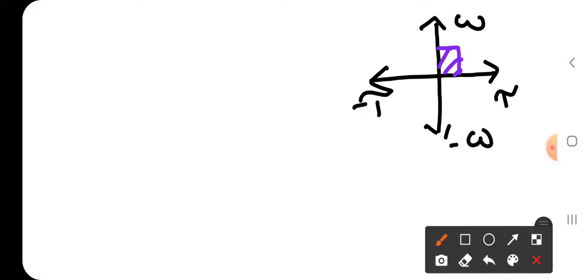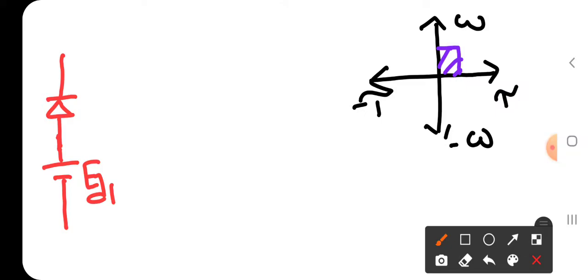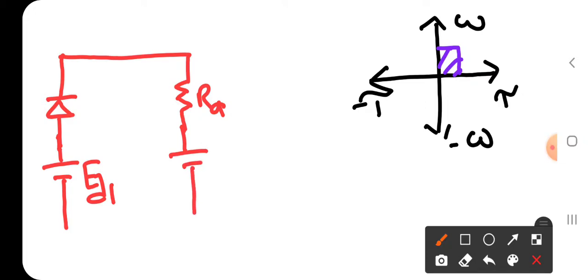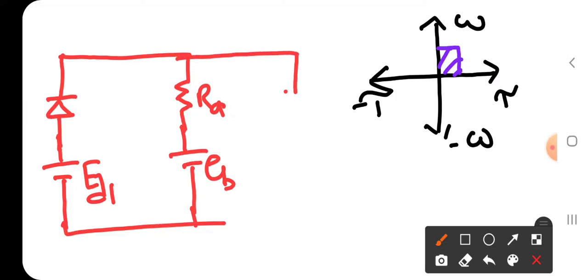This is converter 1 which gives the voltage of ED1, and armature resistance RA, motor back EMF, this is EB, and converter 2. As converter 1 acts as the rectifier, converter 2 acts as the inverter.